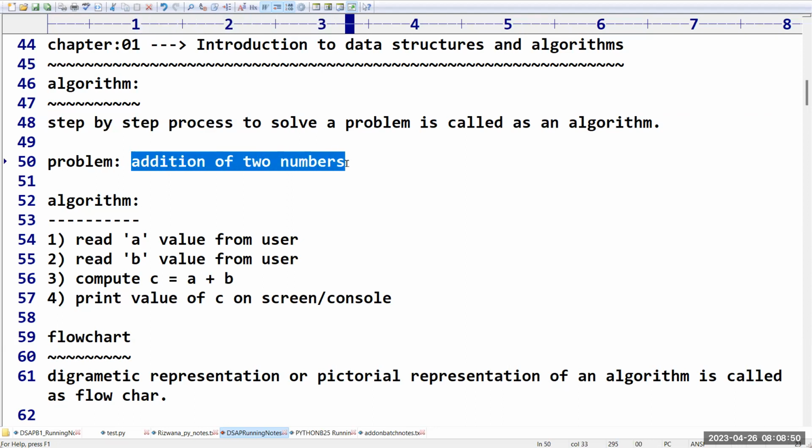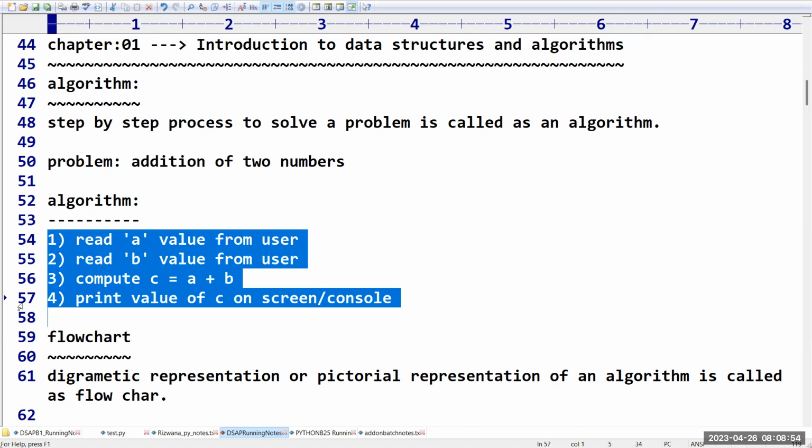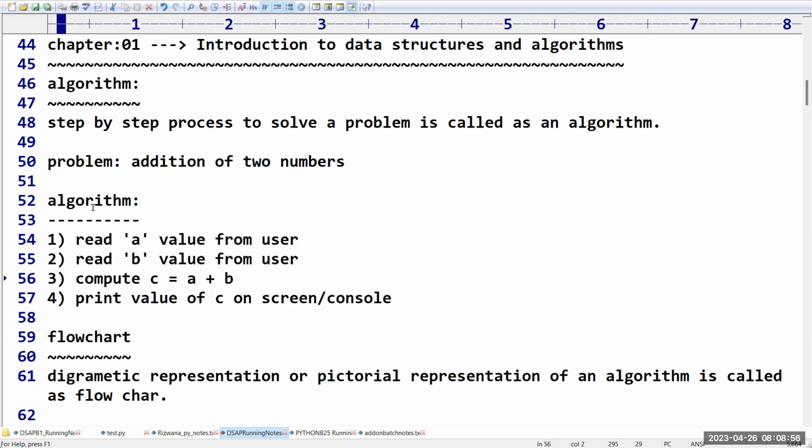Suppose you want to calculate the addition of two numbers, what steps are we going to write? What is the first step? We have to read the value of A from the user. The second step, we have to read the value of B from the user. What is the third step?